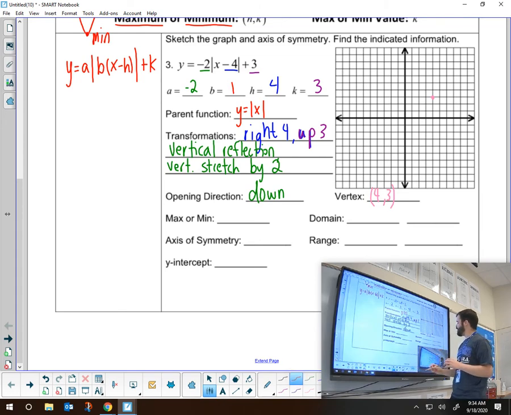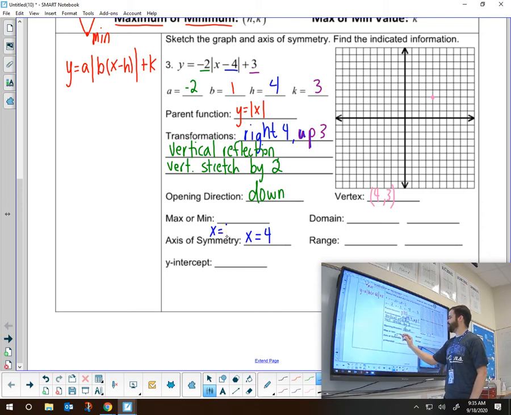So if I'm going to graph this, I'm first going to find my vertex. Then my axis of symmetry is kind of what the next thing that we're going to find. My axis of symmetry is going to also be related to my h, and it's going to be at x equals h, but in this case my h is 4.